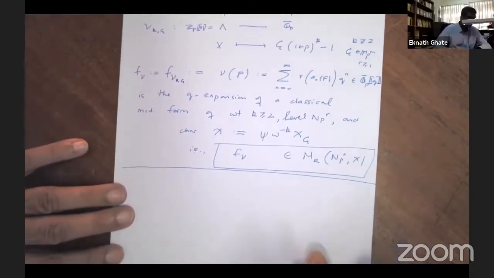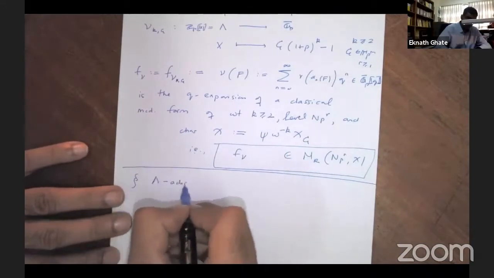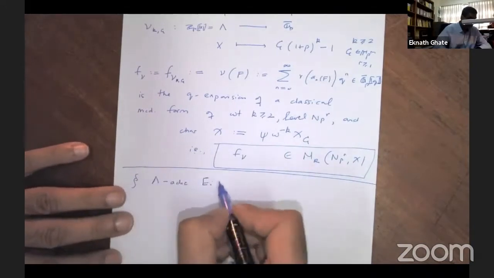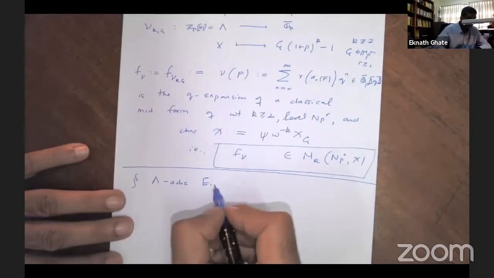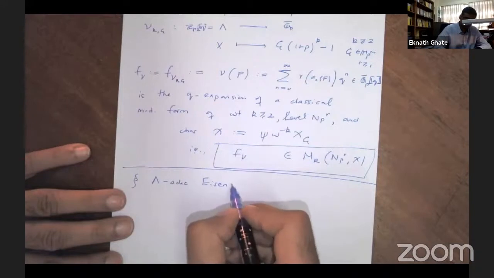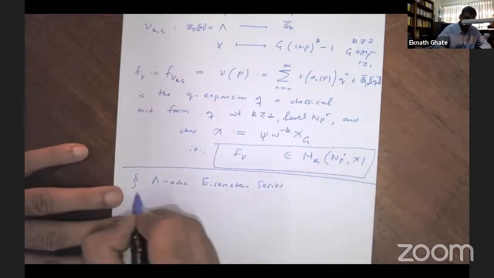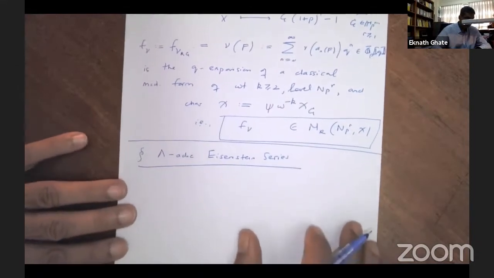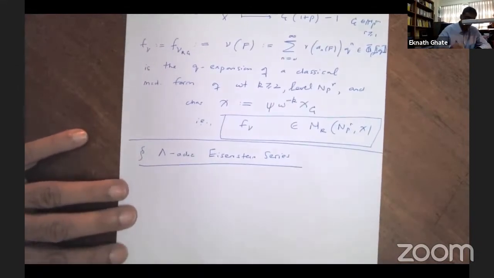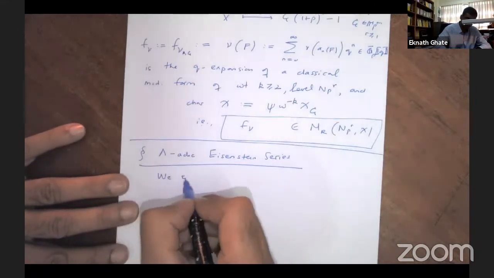Okay, so let us move on. So now we can finally define what it means to be a Lambda-adic Eisenstein series. I will say it again explicitly because I want to do one example.